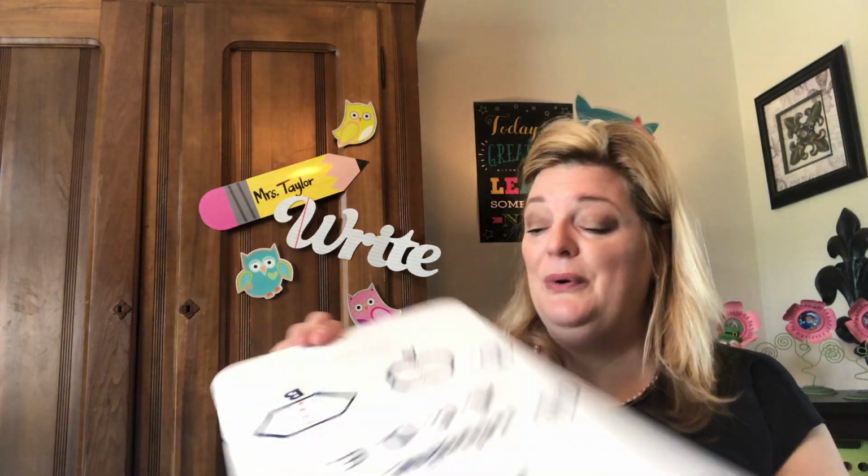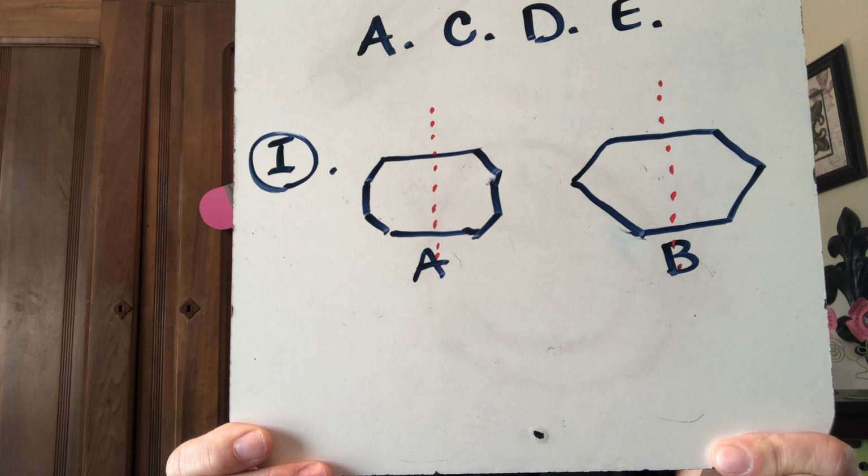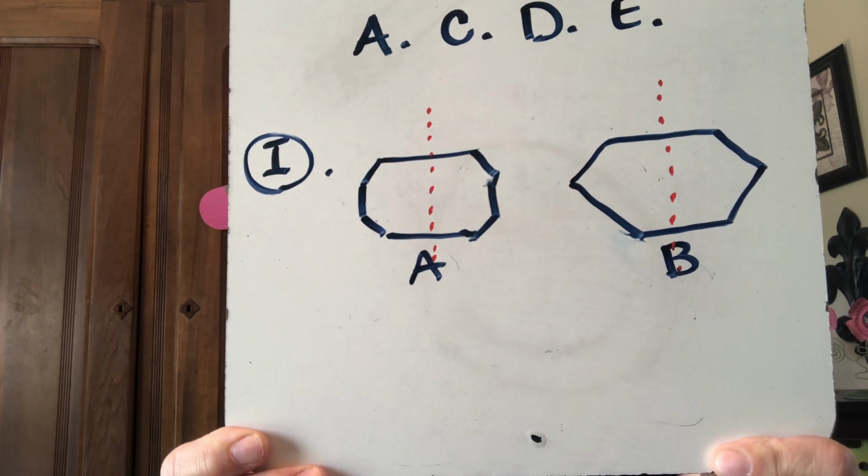I'm not feeling good. All right, so yes, it would be reflective, because if you could draw correctly and accurately, then these would show that they have mirror or reflective symmetry. Got it? Okay.